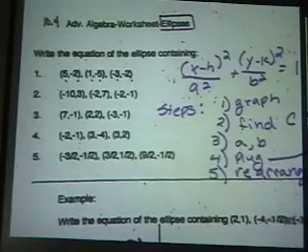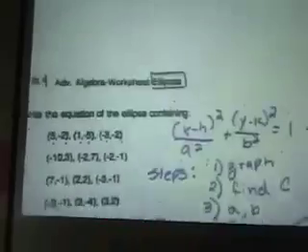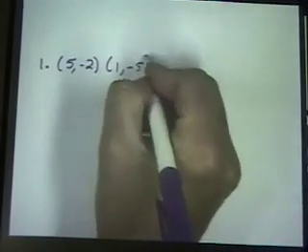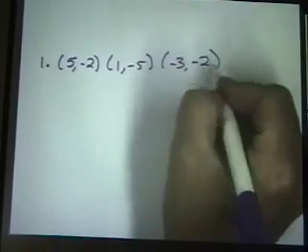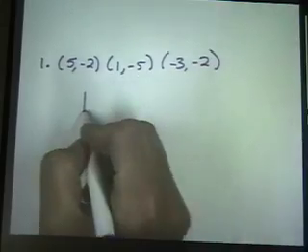So let's go ahead and practice those steps together. Number 1 gives me (5, negative 2), (1, negative 5), and the point (negative 3, negative 2). By our steps, number 1, we're going to graph.